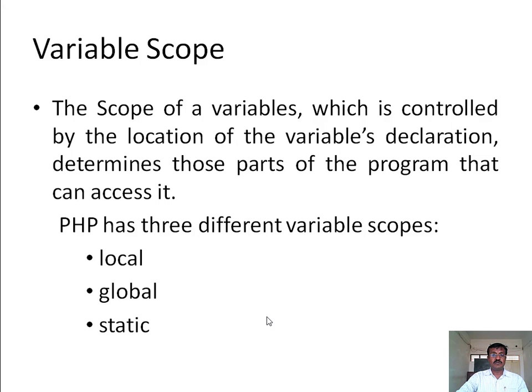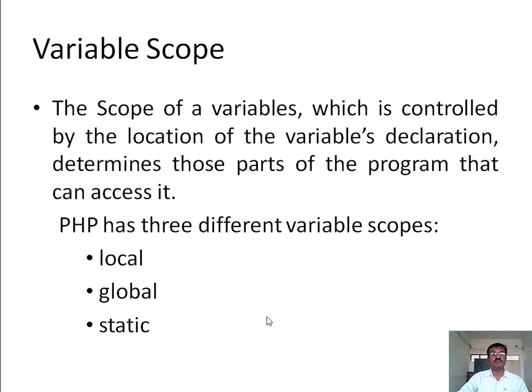Next is variable scope, that is, the scope of a variable. The scope of a variable, which is controlled by the location of the variable's declaration, determines those parts of the program that can access it. The scope of a variable is nothing but the parts of the program in which that variable is accessible or visible.